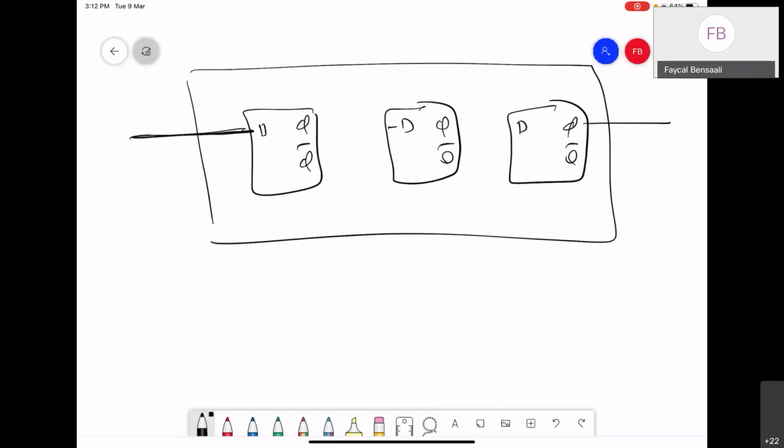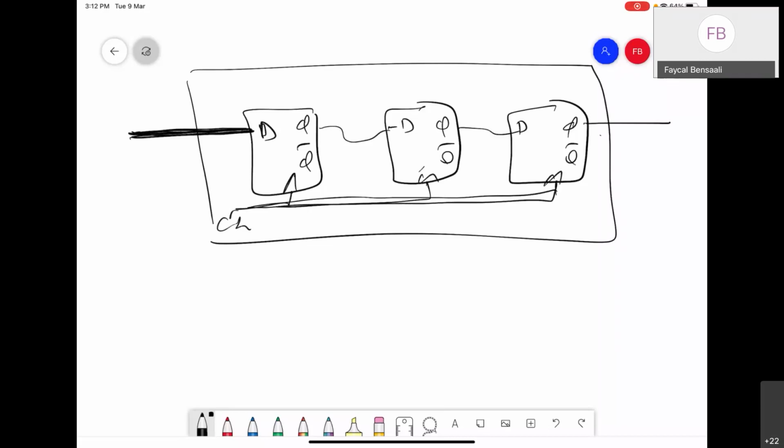Serial in means just one line. Parallel means we have multiple lines in the input. The input goes to the first D, and the rest are connected internally, and so on. And then we will have the clock for all of them, usually the same clock signal. What we mean by serial in, serial out is about the data, the D, not the clock. The clock we always have.